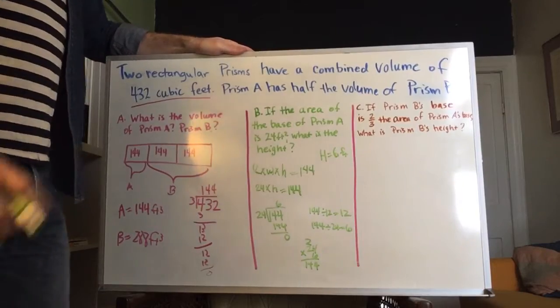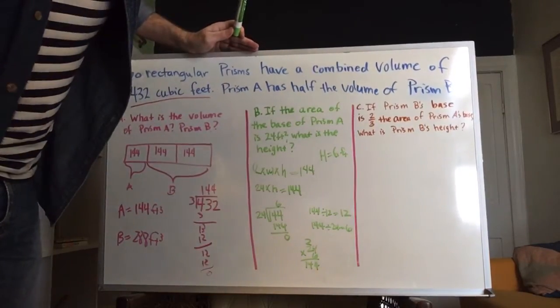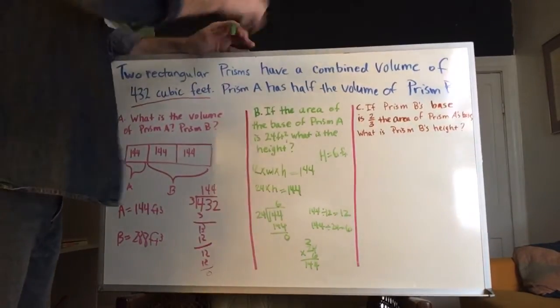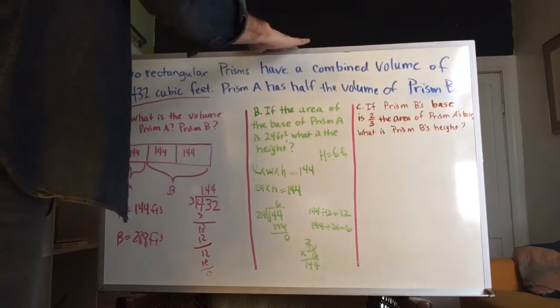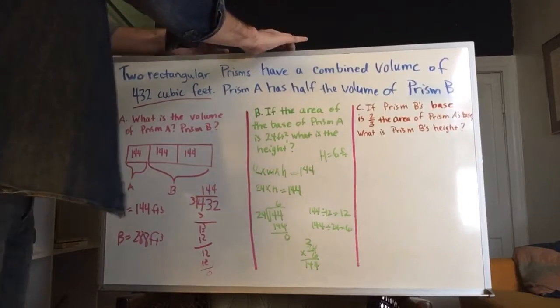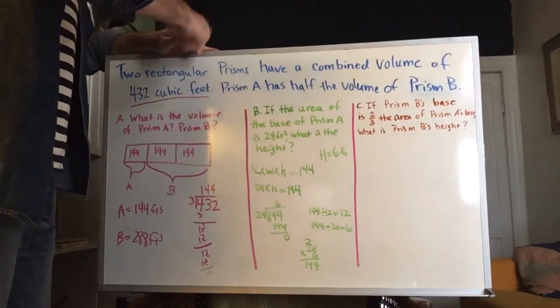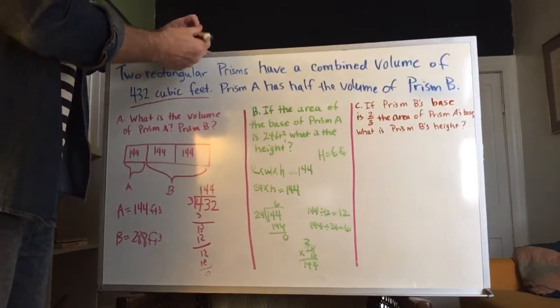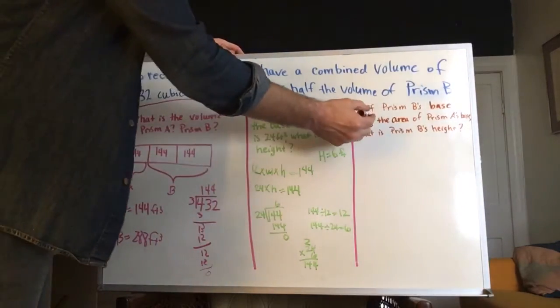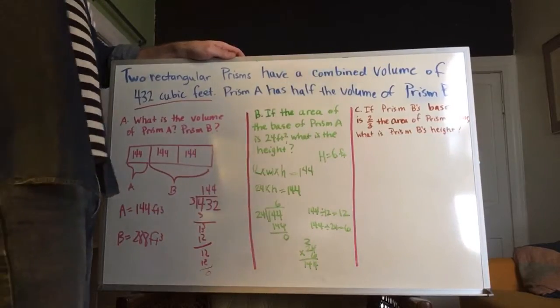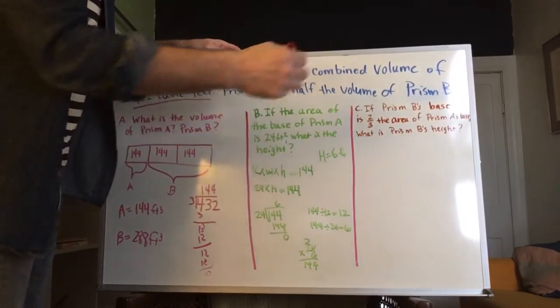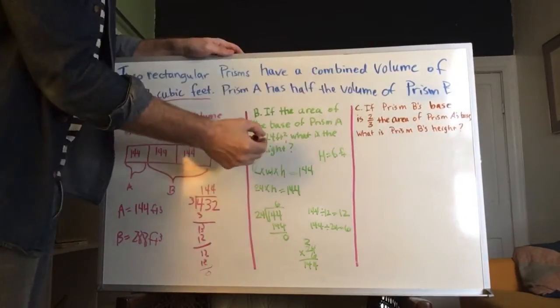Okay, so now, of course, they get even more complicated, and they tell us, well, if prism B's base is 2/3 the area of prism A's, what is prism B's height? Okay, well, we know that's 2/3 of the area. Remember, if we go back to when we were in school, we got 2/3 of 24.